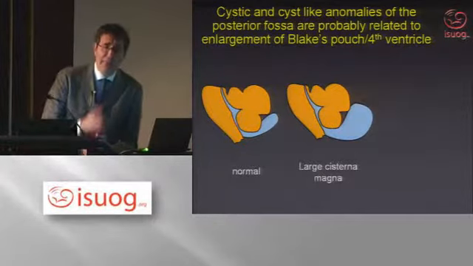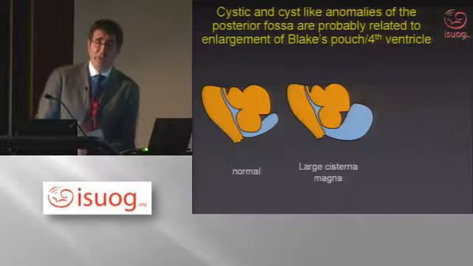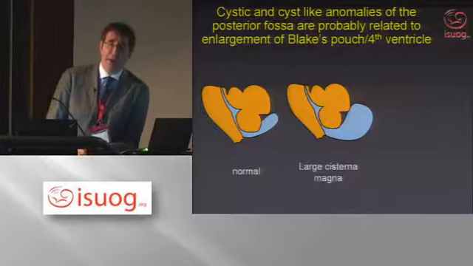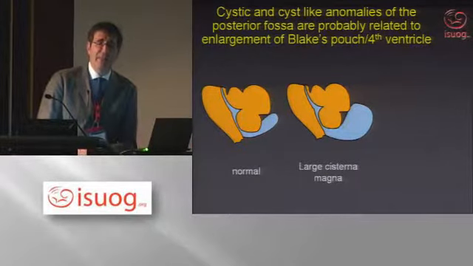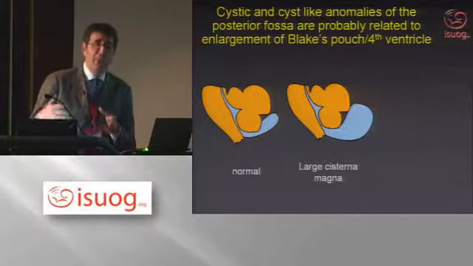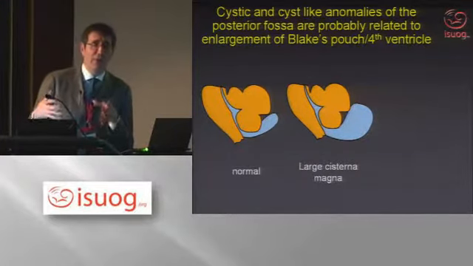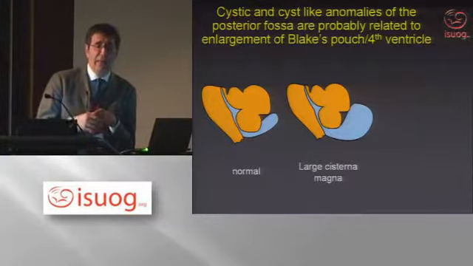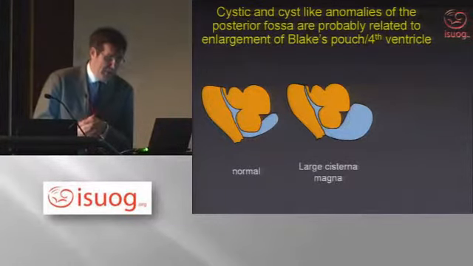Sometimes it seems that this undergoes an expansion, resulting in an increased size of the cisterna magna. So in reality, it seems that it is not the cisterna magna which is bigger. It is the Blake's pouch that is big, only that we do not see anymore the borders of the Blake's pouch because the cisterna magna is being completely obliterated.